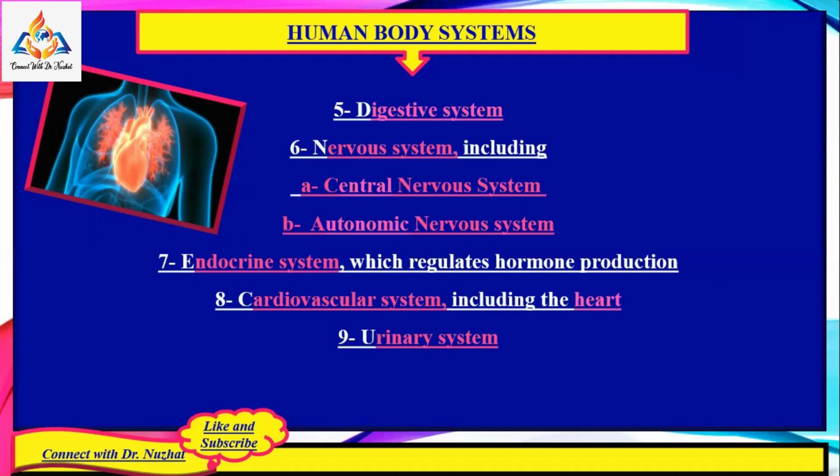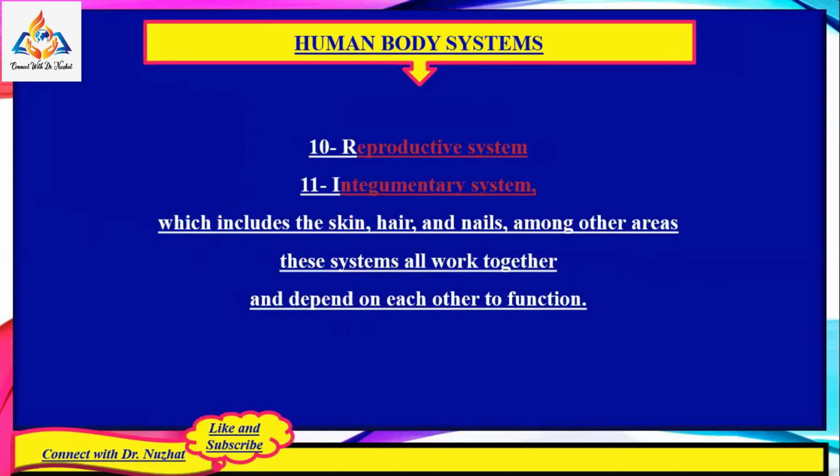Seventh one is the endocrine system, which regulates hormone production, cardiovascular system, including the heart. Ninth one is the urinary system. Tenth, reproductive system, and eleventh, integumentary system, which includes the skin, hair, and nails, among other areas. These systems all work together and depend on each other to function.